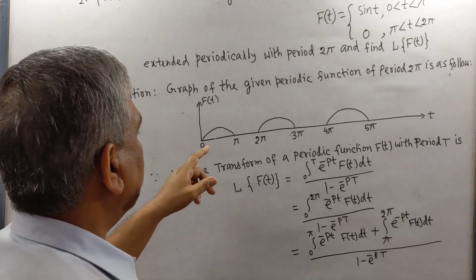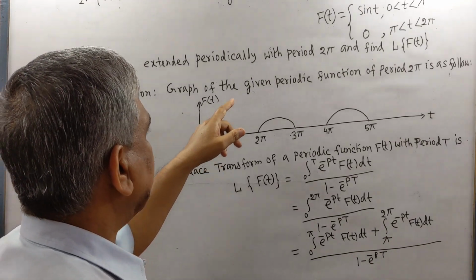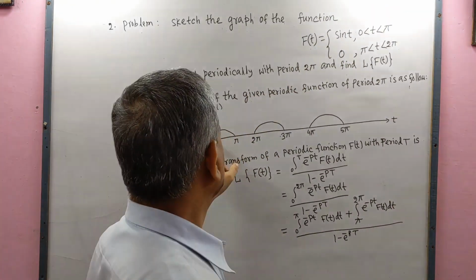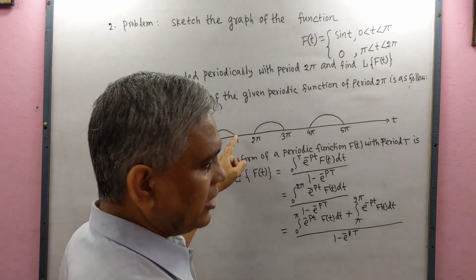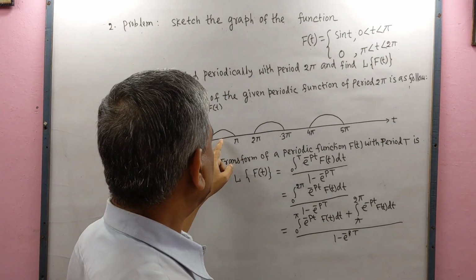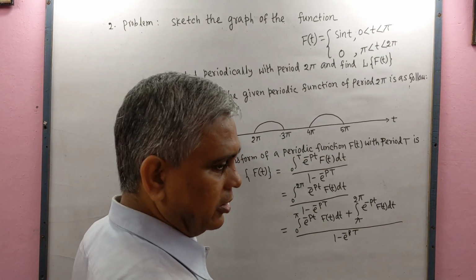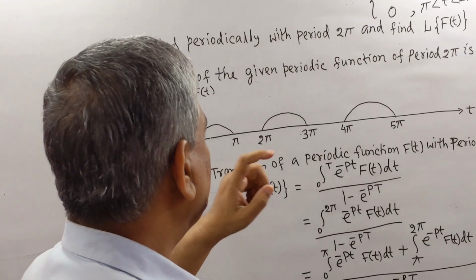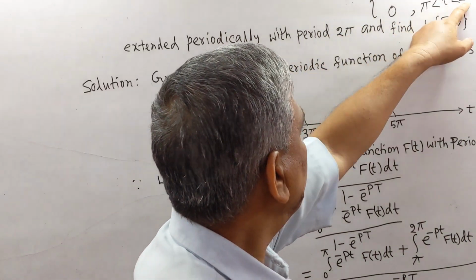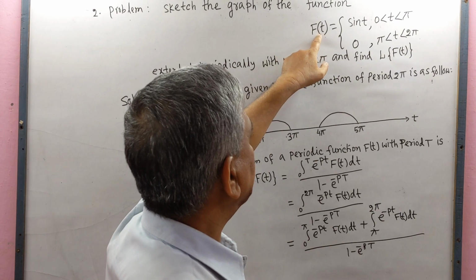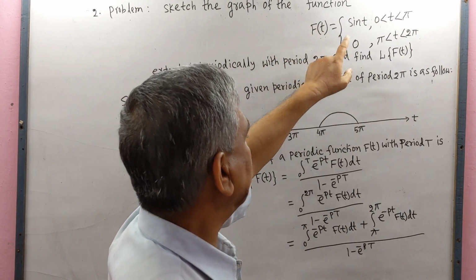As we sketch the graph, sin 0 equal to 0, we start here. Then up to pi, we may draw this graph. At pi by 2, it is 1. Then from pi to 2 pi, the function f(t) equal to 0.